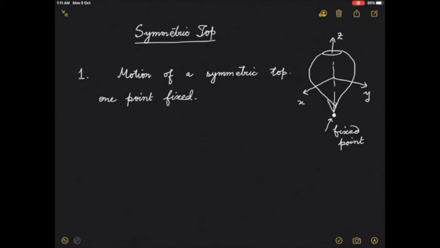Now you will agree that I can have three principal axes for this system, and the moment of inertia along these three axes can be called Ixx, Iyy, and Izz. So these are the symmetry axes of the system, and Ixx and Iyy will be the same because of the symmetry, and we will call that I alpha.